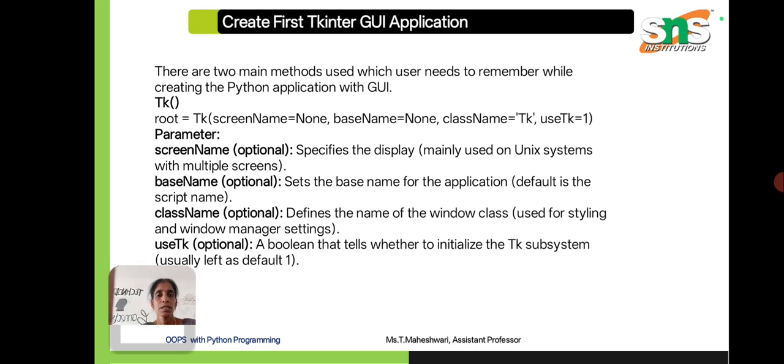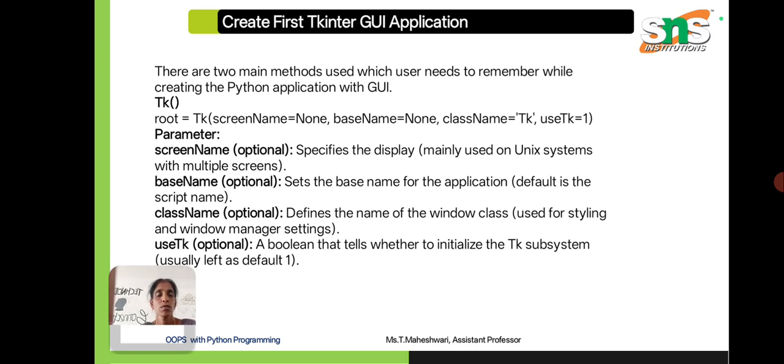How do we create a GUI application with Tkinter? There are two methods available for creating a GUI based application. The first one is the simple one: we call the object of Tkinter, here the Tk function. Inside it we have a root variable. That root variable is assigned the value of Tk, and Tk stores the screen name.